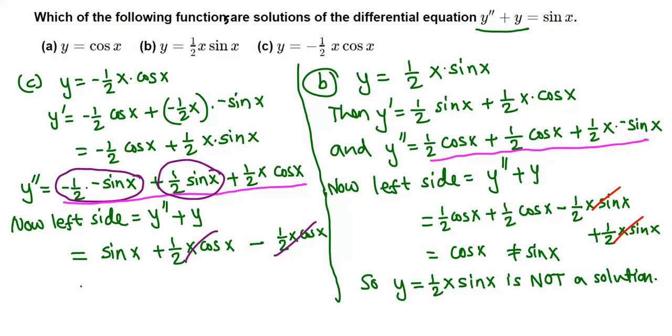Then we got sine x, coming from sine x, which is the right hand side. Okay, so this is a solution. There will be infinitely many, so one of them is here. So y equals negative 1/2 x cosine x is a solution.